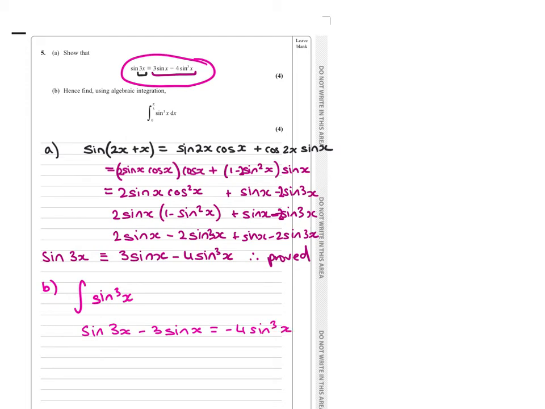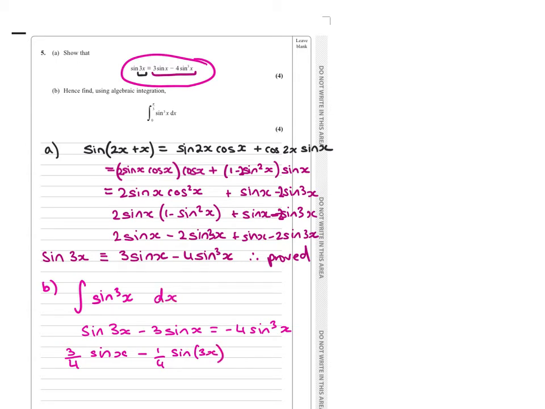Now I'm going to divide everything by minus 4, and I'm going to write it a bit nicer. So, is everyone happy? Minus 3 sine x divided by minus 4 is going to be a positive, so I'm just going to put that at the front. 3 over 4 sine x minus a quarter sine of 3x, okay? This is what that equals.